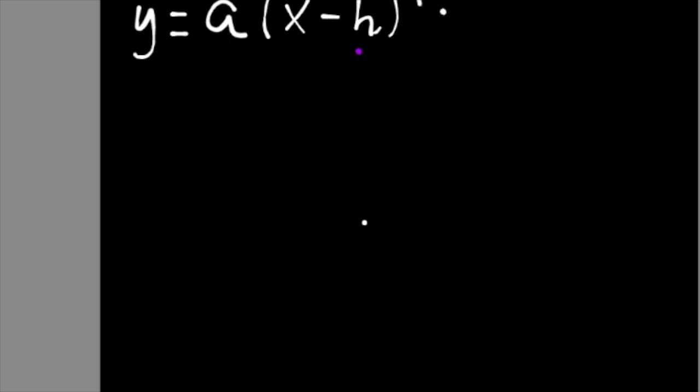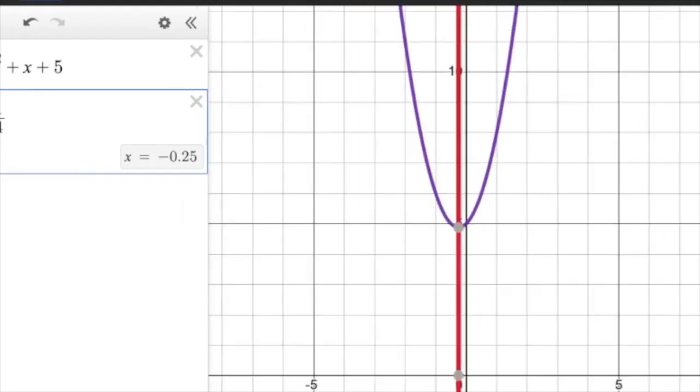Okay, so we had y equals a(x minus h) squared plus k. Well, we found from before our vertex is at x equals what again? If you forget, just go back. We know x equals negative 1/4.